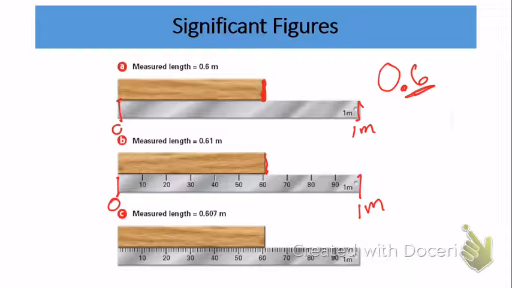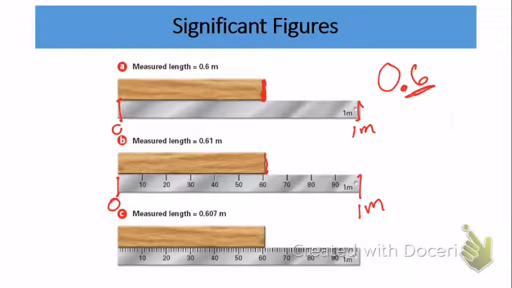So now the second digit that we're going to record here is going to be the estimated digit. Now we just can't leave it at 0.6. We actually have to estimate one additional digit. Now a lot of students forget to do this. They just record the certain digits that they know and forget to record an estimated digit.